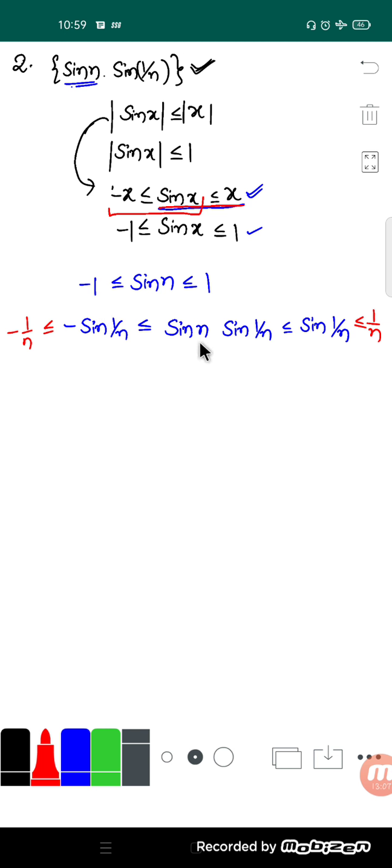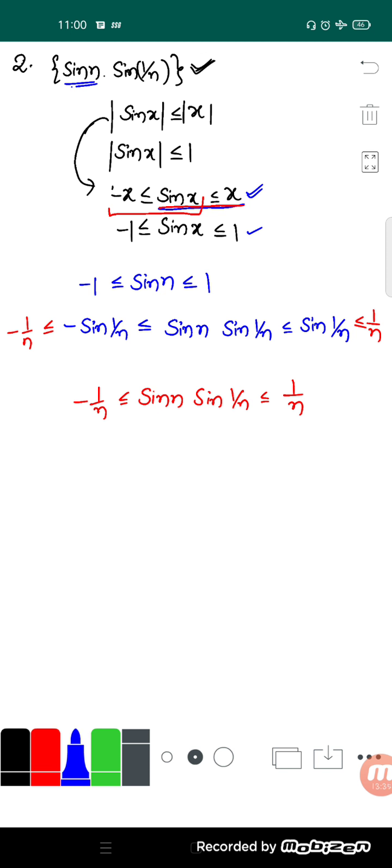So for the given sequence we obtain minus 1 by n is less than or equal to sine n sine 1 by n, which is less than or equal to 1 by n. So we obtain this inequality.